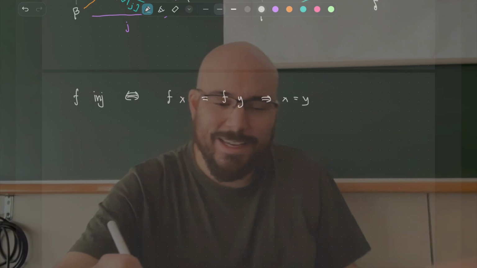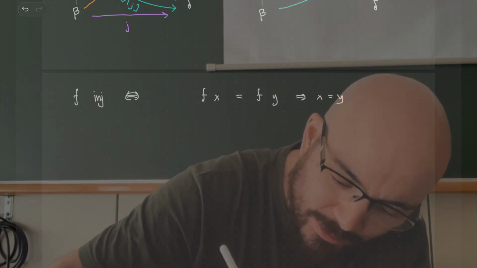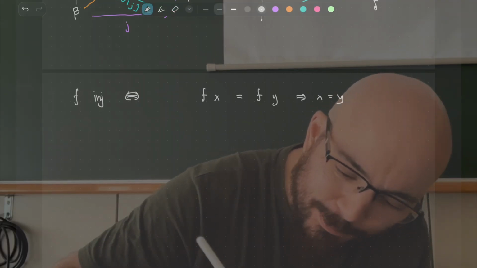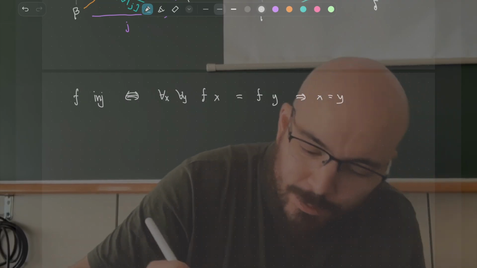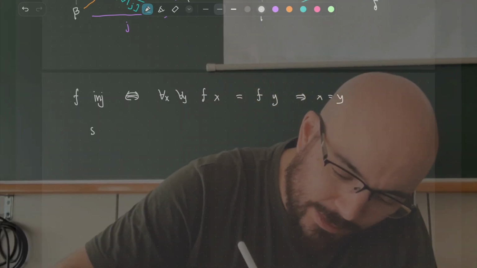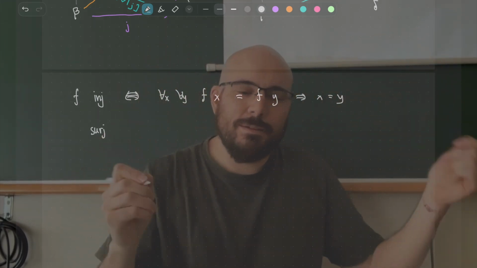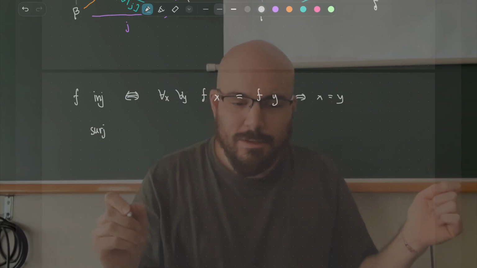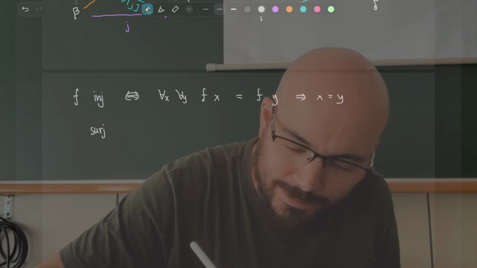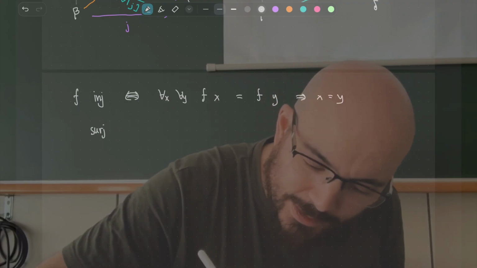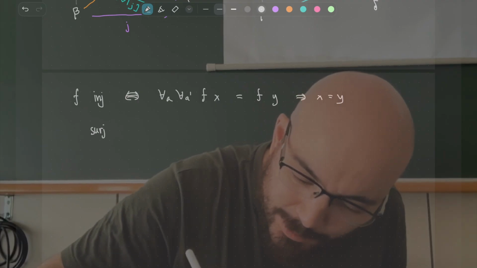If you have any kind of mathematical OCD, which you should have, you should be a bit irritated, because you have always treated injectivity and surjectivity as if dual in a sense. But if you see the definition of surjective, it's not at all like that. Here let's say it's A and A prime.